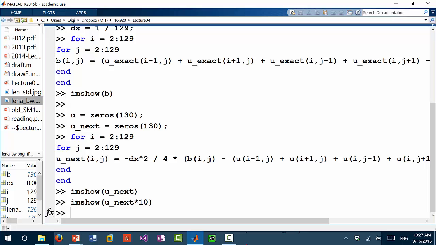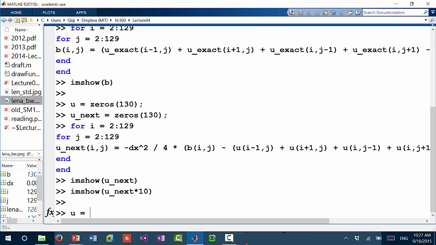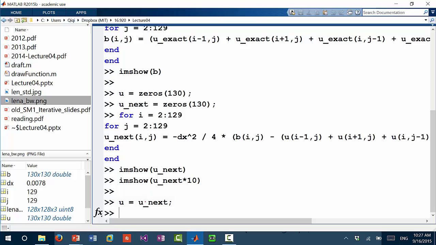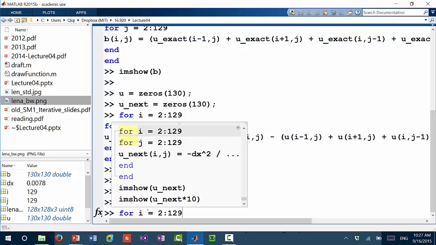So how do we keep iterating? We set U equal to U next, right? Because now U next is my i equal to 1. I want to go to i equal to 2, so I'm going to set U equal to U next. And I'm going to do the same thing, I'm just going to copy these 4 things.